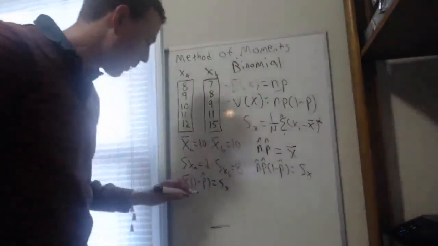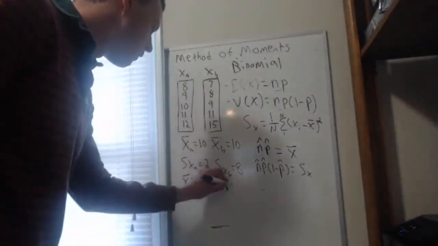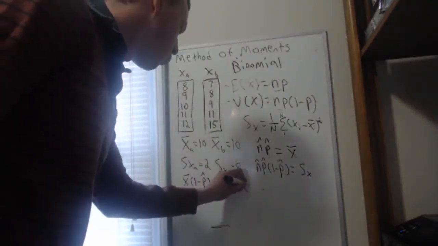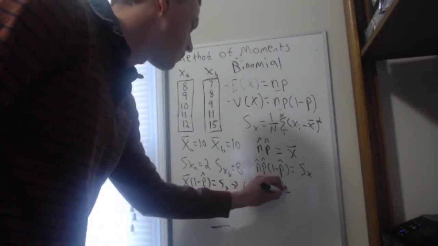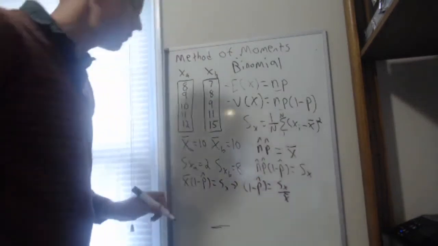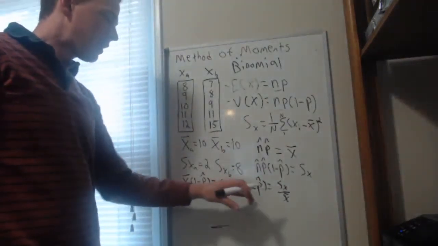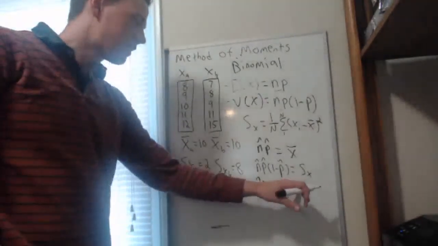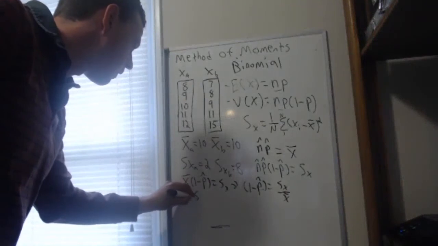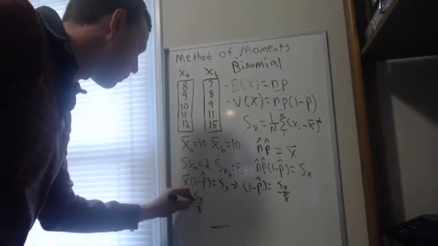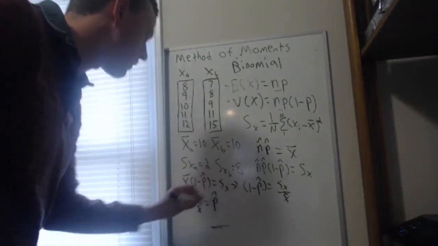Divide both sides by x bar to get that 1 minus p hat equals s of x over x bar. Then add p hat to this side and subtract that back, and you get that 1 minus s of x over x bar equals p hat.